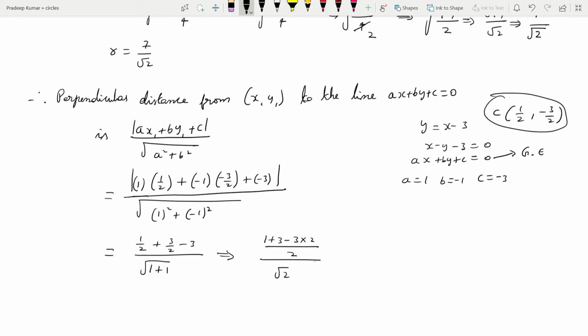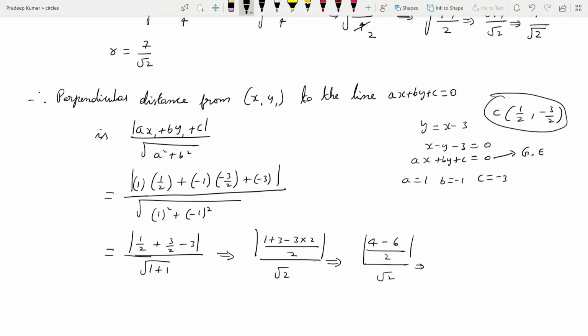I hope this is clear. 2 into 3, that is what I have written as the LCM. So 3 plus 1 is 4, and 4 minus 3 into 2 is 6. Of course there is mod, right? We forgot to write the mod, so we'll write mod for all of this. So this is mod of 4 minus 6, whole by 2 by under root.